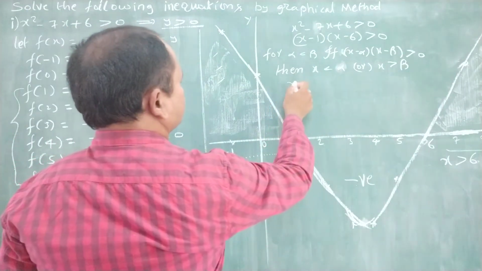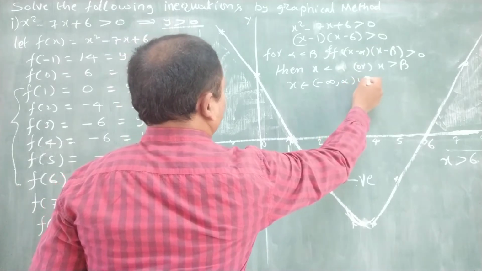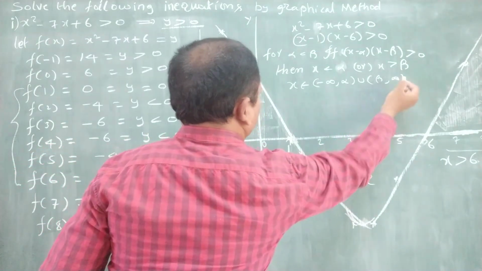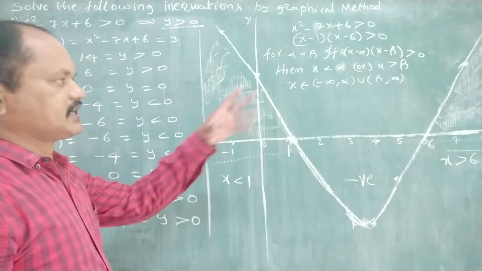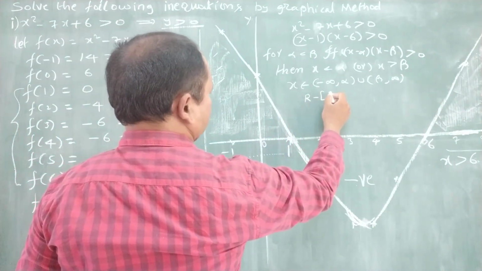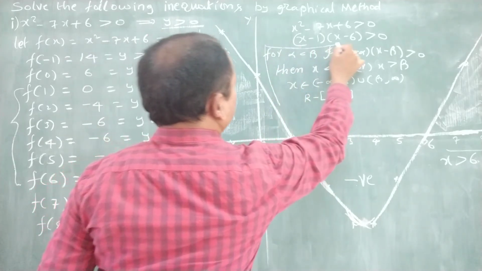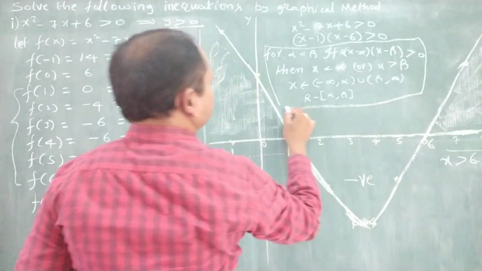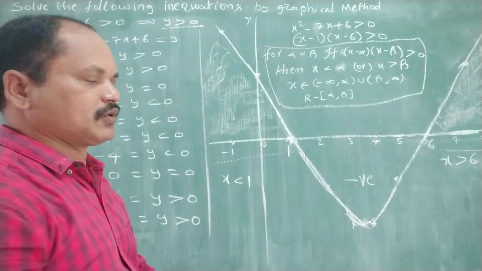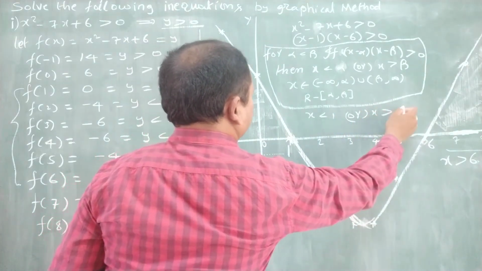That means x belongs to open minus infinity to alpha union open beta to infinity. Are you clear? That means this can be written as R minus the closed interval alpha beta. So according to this condition, (x minus 1)(x minus 6) greater than 0 represents x less than 1 or x greater than 6.